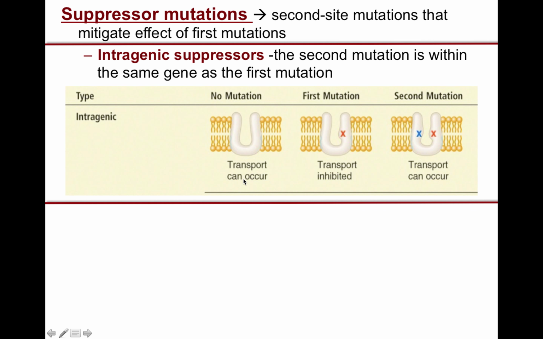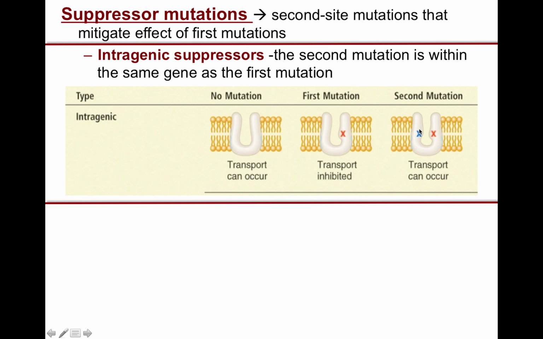Here's a theoretical example. Here you have a transport channel that functions properly. You can have a mutation that alters its function, such as the mutation that occurs in cystic fibrosis. It's an ion transport channel, a chloride ion transport channel. It has a mutation in it.